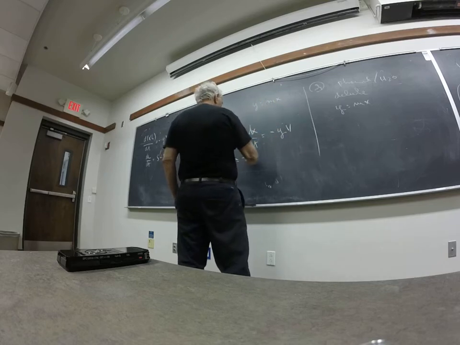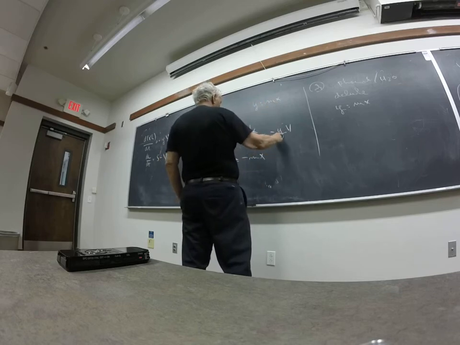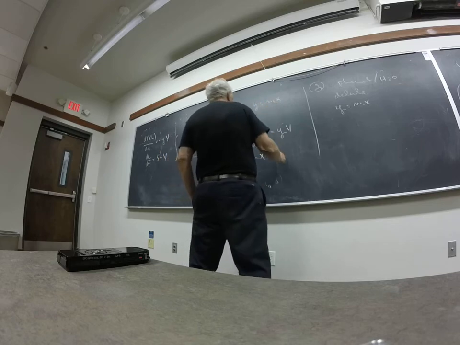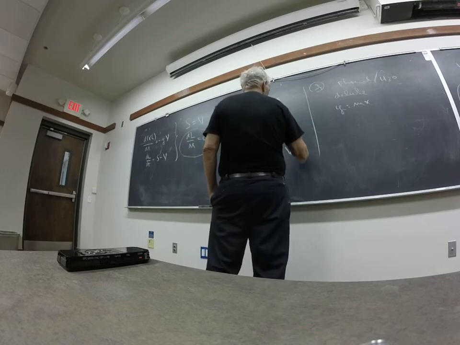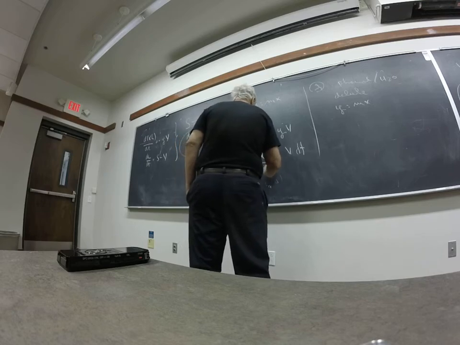So I have minus mx, that's for y, there's the minus. Here is the V dt, and there's got to be an L0 in here somewhere. So there it is.